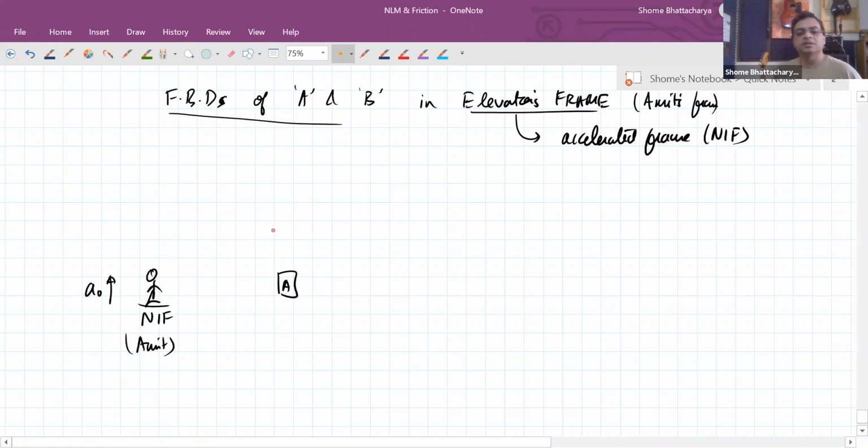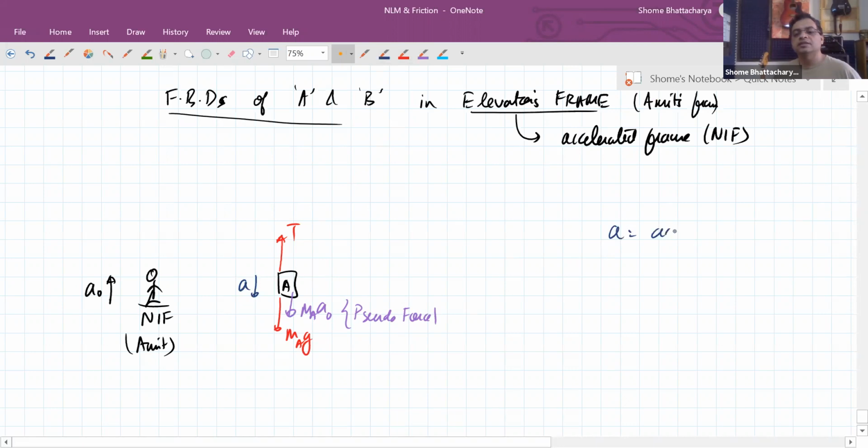Okay. The block A will be experiencing forces, tension, and its weight. Okay. And it will also be experiencing a pseudo force. This will be the pseudo force. Okay. And we can see that A was the heavier block, so A will be coming down. So let's say in this frame, its downward acceleration is small a.